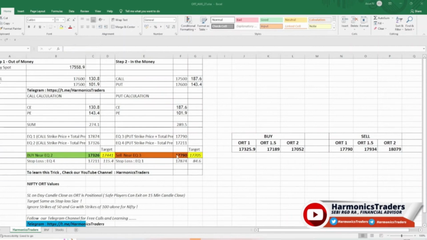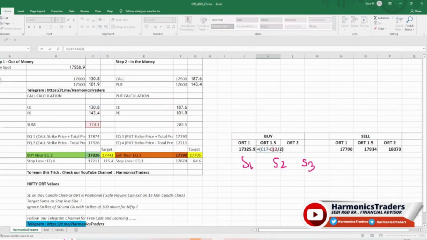So what is V2? Everybody knows how to calculate the normal ORT, right? Now you just take this particular number, divided by half. We are just finding ORT 1.5. So this is S1, and we need to find S2 and S3 for that particular series. How do we get S2? It's very simple. You take this particular sum, divide it by 2, and add or subtract it from this number.